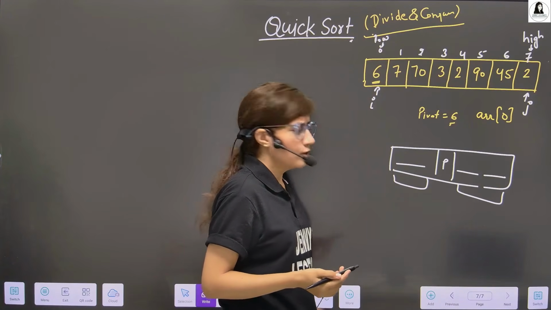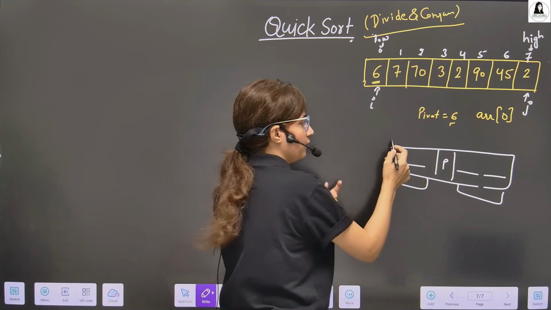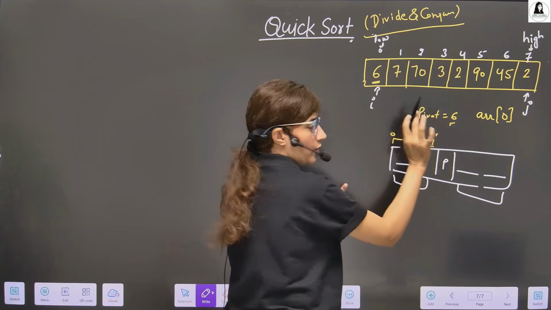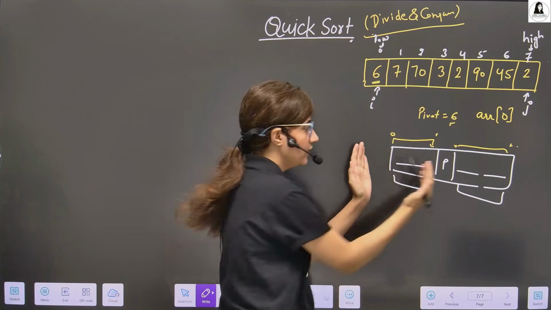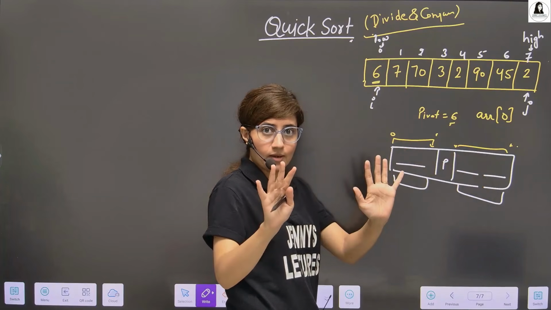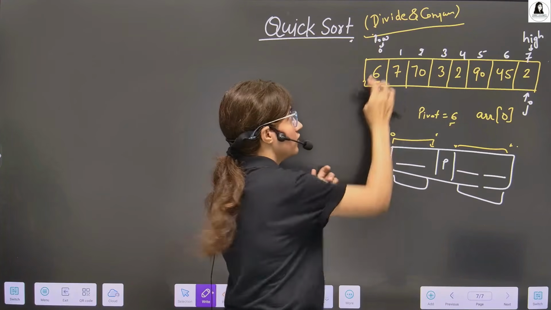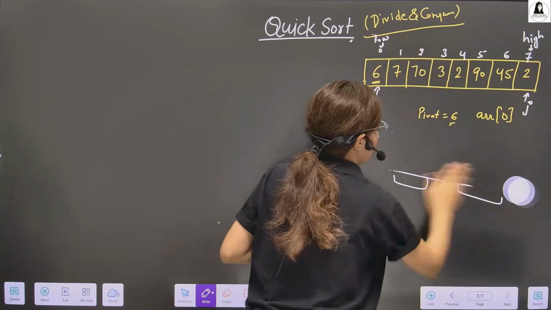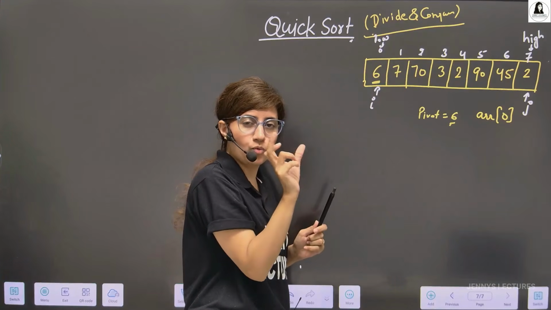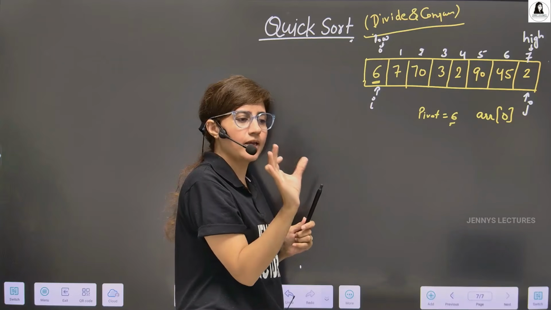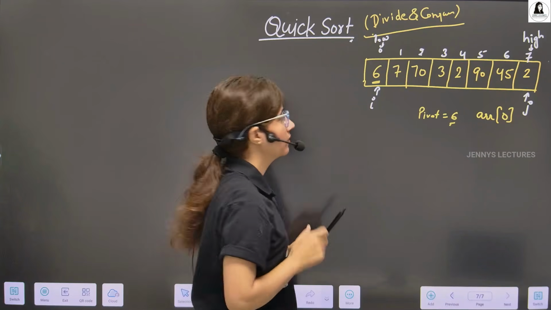At this time the array would be from 0 to some point, and at this time from here to high. So we need these boundaries, low and high, the lower bound and upper bound, to tell at which boundaries we are applying the partition or quick sort.